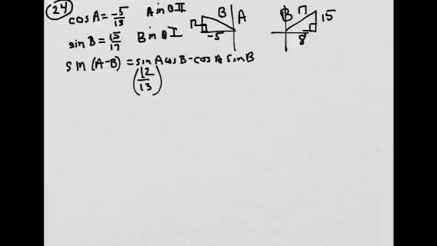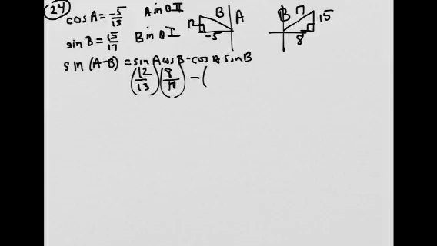And then cosine B, go to angle B, that would be 8 over 17. Minus cosine A, that would be negative 5 over 13. And then sine B, 15 over 17.